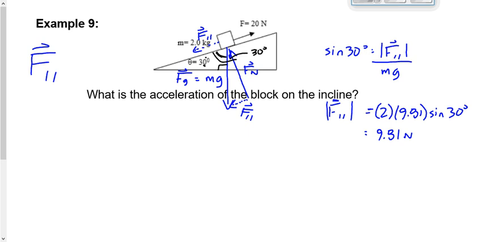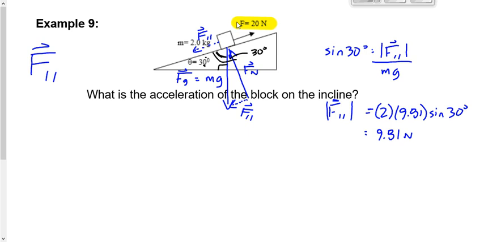So I got confused there for a second. I thought we had a mistake. We had a mistake in the way that I was reading the question to you, but not with the question itself. This force right here is not a force of friction. It's just a force. How did I catch that there was something wrong going on here? When I got a value for F parallel of 9.81, how did I realize that something, either with the question or the way I was reading the question, was wrong?